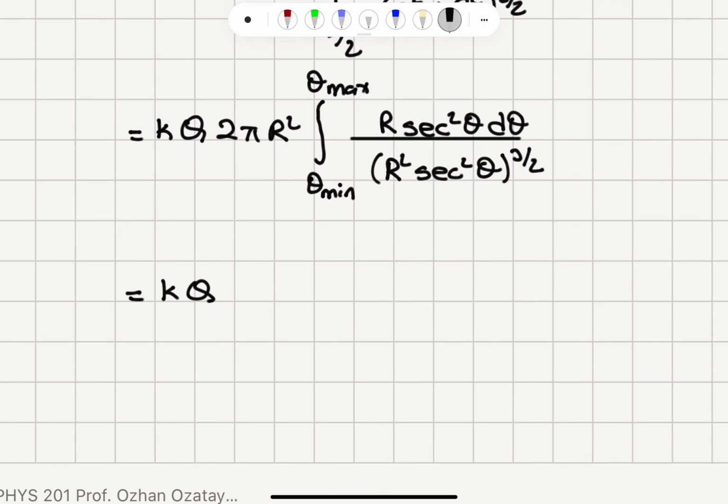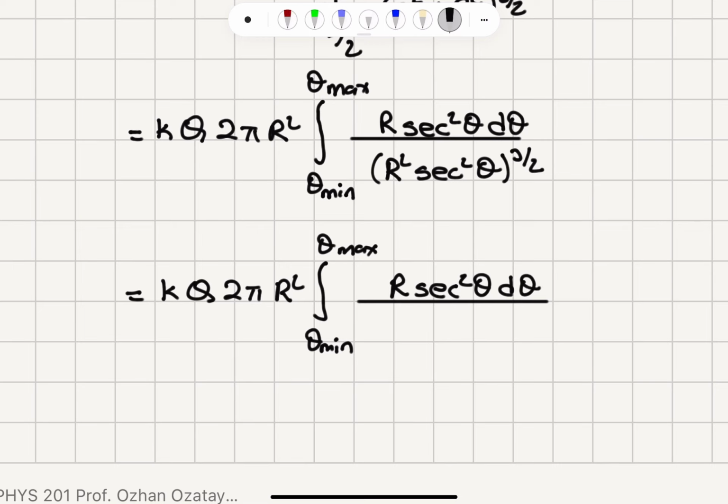So here I obtain k capital Q 2 pi capital R square integral from theta minimum to theta maximum. On top I have capital R secant square theta d theta. At the bottom I have capital R cube secant cube theta, because the 1/2 gets rid of the squares. Now you can see that this capital R and this capital R square will get rid of this capital R cube.